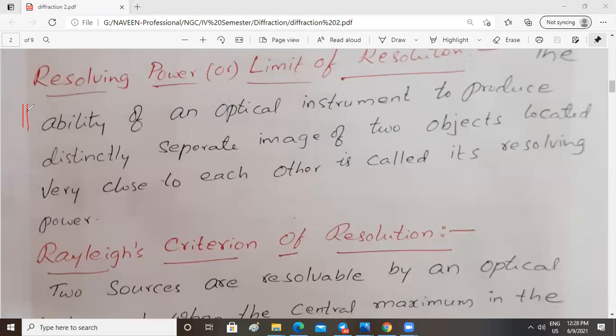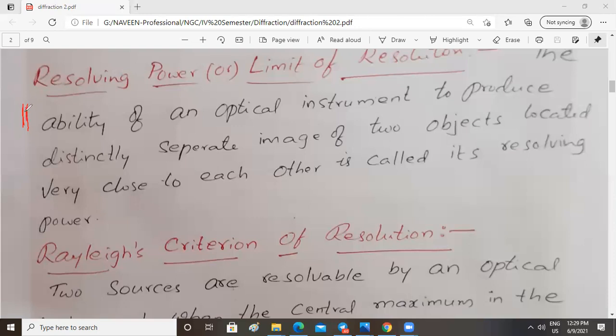Actually, when we use lenses or an optical instrument to see these two lines separately, what we actually observe is this: from a distance of 30 meters, we are observing the two lines drawn here. What we are observing is the diffraction pattern of these two images, because we are employing lenses in that optical instrument. These lenses produce the diffraction image of this line as well as the diffraction image of this line. We are not seeing these two lines directly.